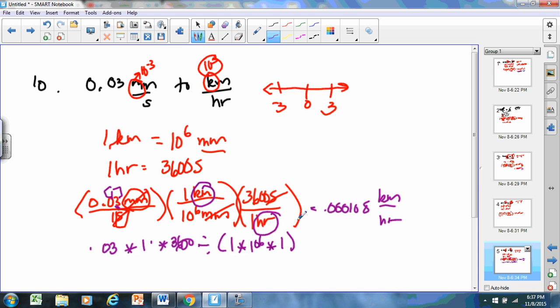This is a definition. This is a definition. And this number has 3, and we only get to keep 1. So that's 0.0001, or 1 times 10 to the negative 4 if you want to put it in scientific notation. 1, 2, 3, 4. All right, that's it for level 2.